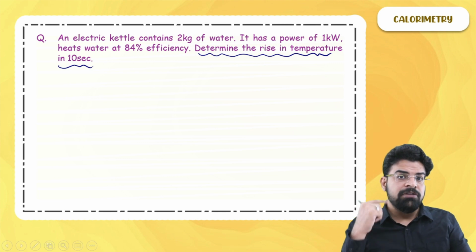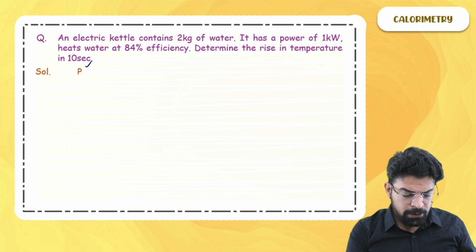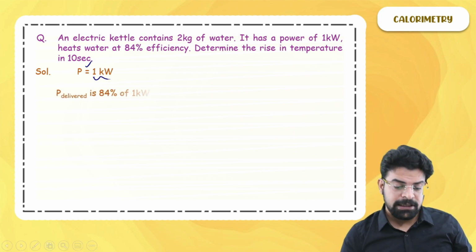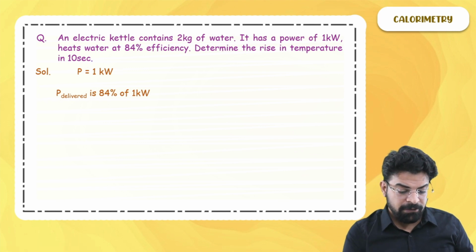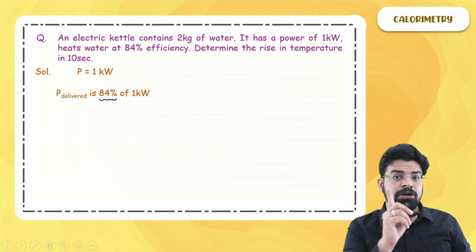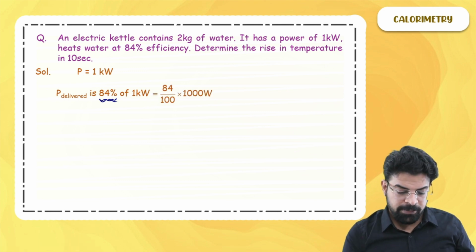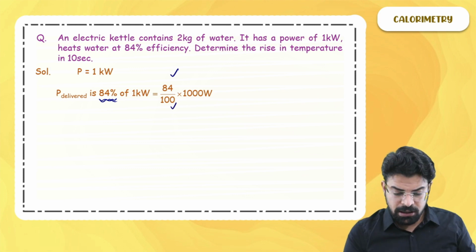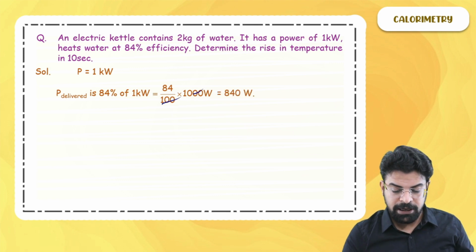So you will say the power of this kettle is 1 kilowatt, which is as good as 1000 joule per second. Now the power delivered is 84% of 1 kilowatt, which is 84 by 100 into 1000 watt. So here you get 840 watt.